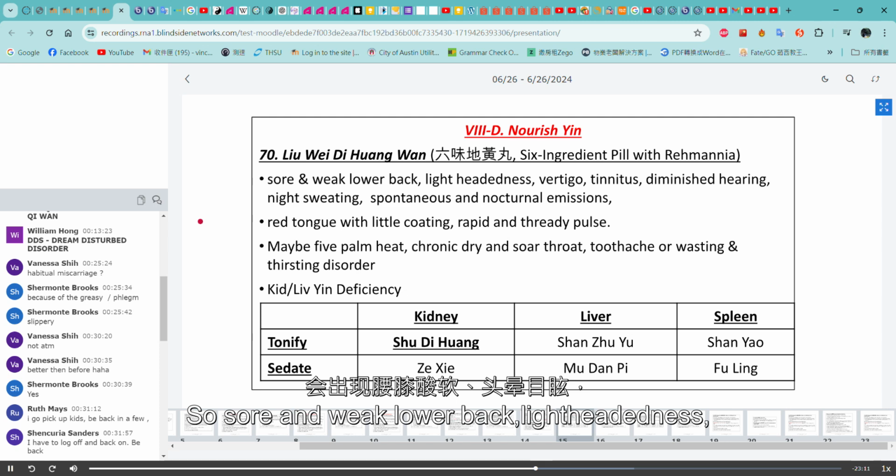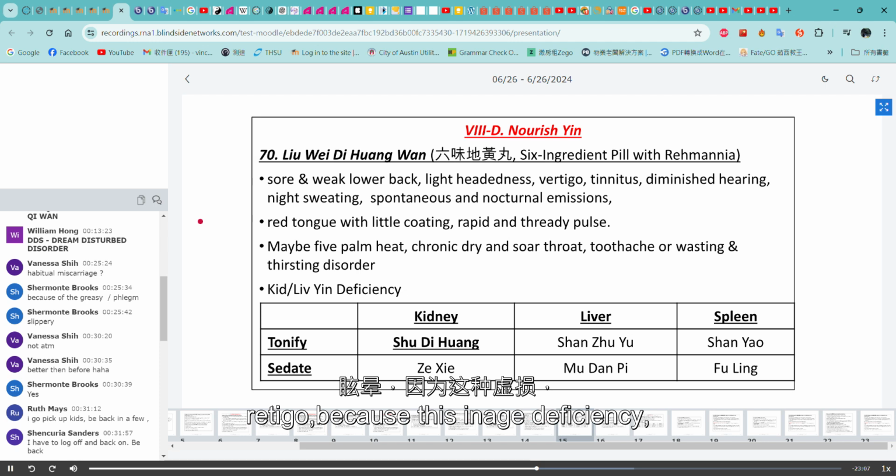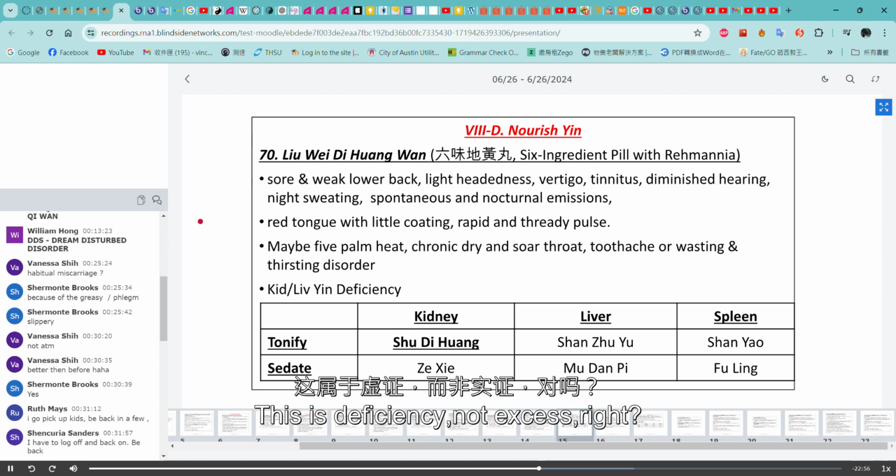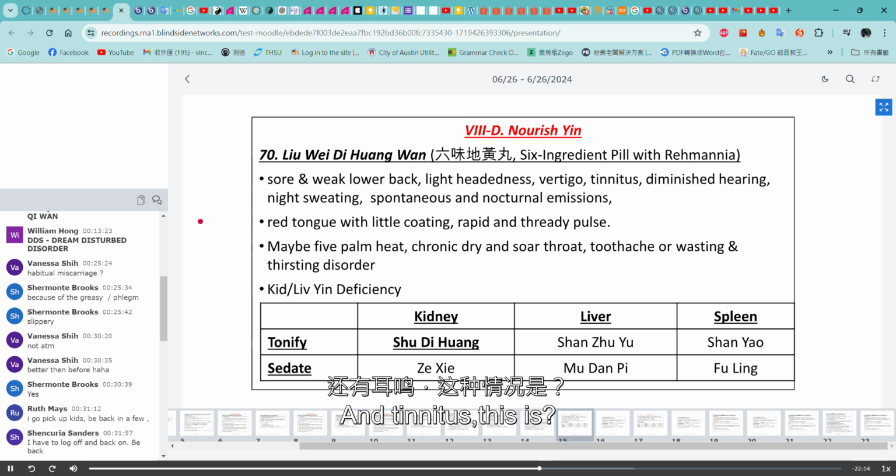So sore and weak lower back, lightheadedness, vertigo, because this yin deficiency does not nourish the brain, you have this lightheadedness and vertigo. This is deficiency, not excess, right? And tinnitus, what kind of tinnitus?